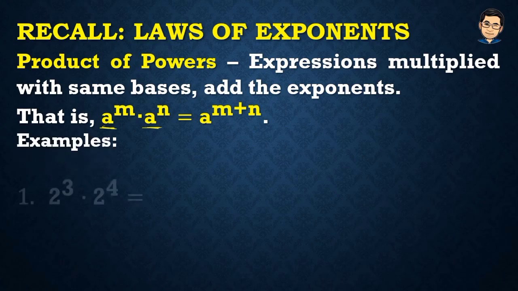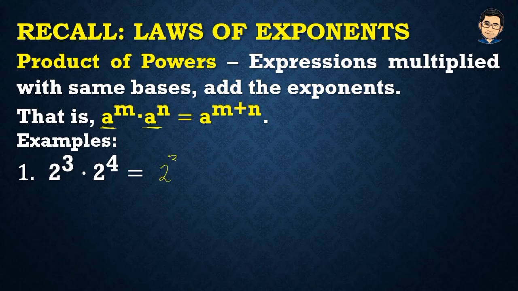Let's have examples. 2 raised to 3, or 2 cubed, times 2 raised to the 4th power is equal to 2 raised to 3 plus 4. We add 3 and 4, so that is 2 raised to 7. We can also write it as 2 times 2 times 2 times 2 times 2 times 2 times 2. Why seven 2s?